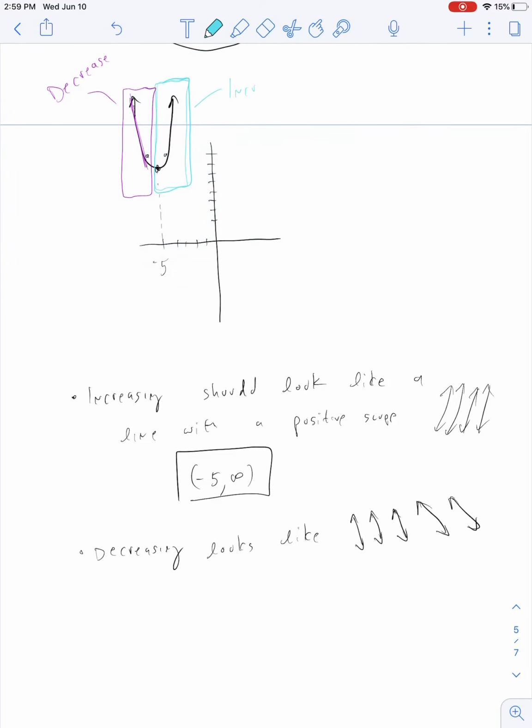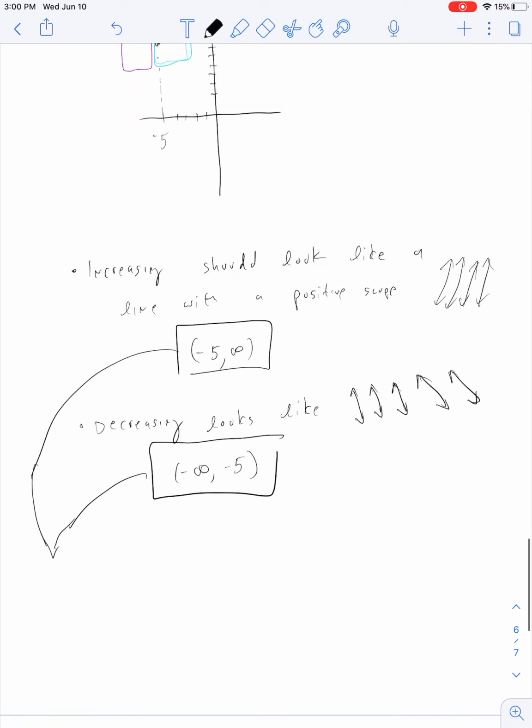This is showing the increase side. So decreasing looks like it's from negative infinity to negative 5. And if you notice, both of these will always have the x value of the vertex included.